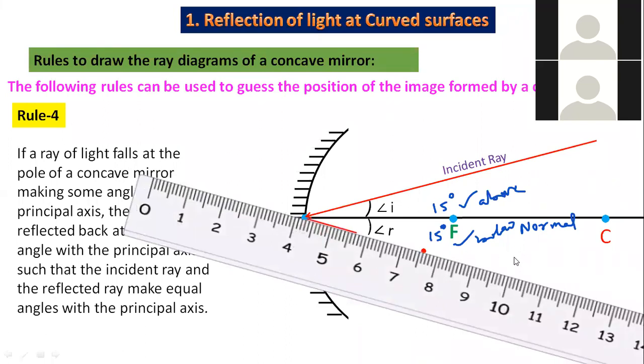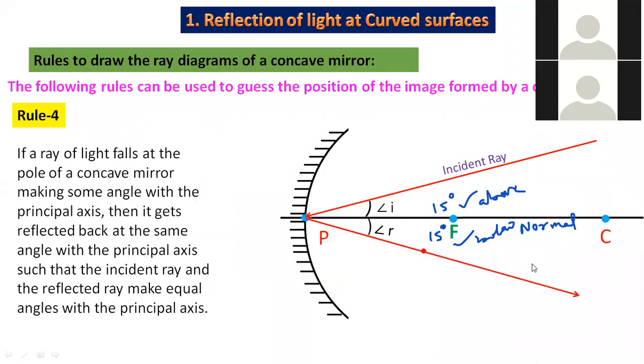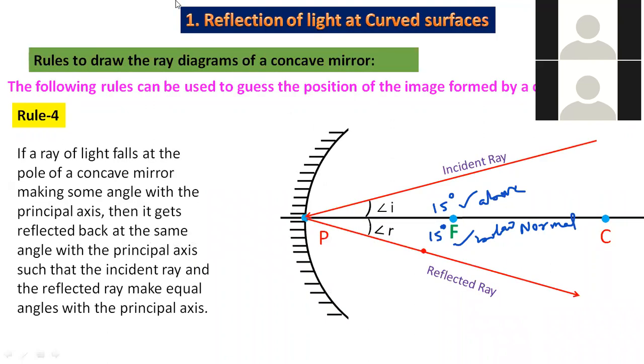Now draw the line which is shown as the ray. So I got the reflected light ray. Right? So like this, we can follow rule number 4. Is it clear? Is it clear, everyone? Any confusion in the rules?